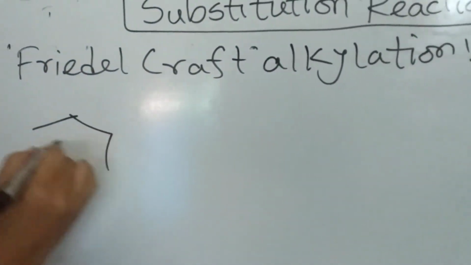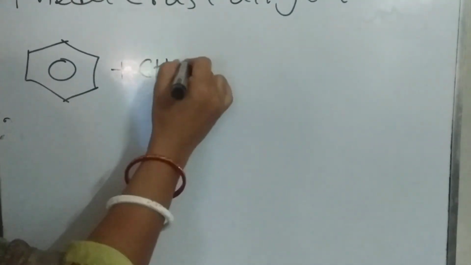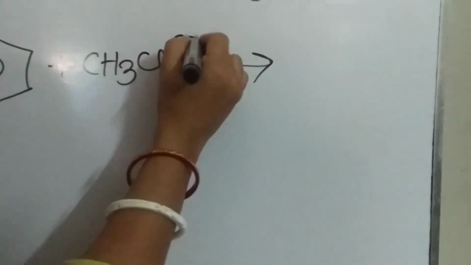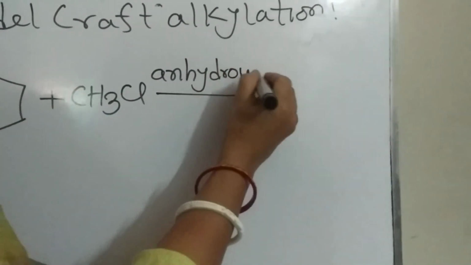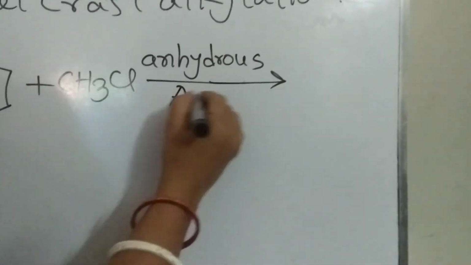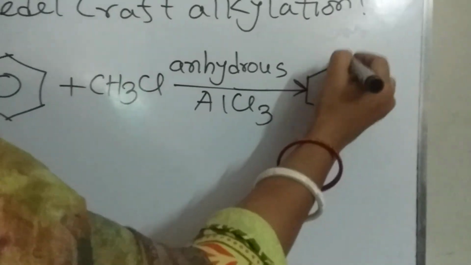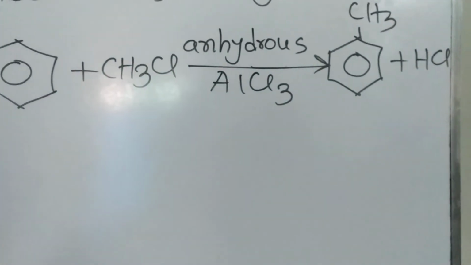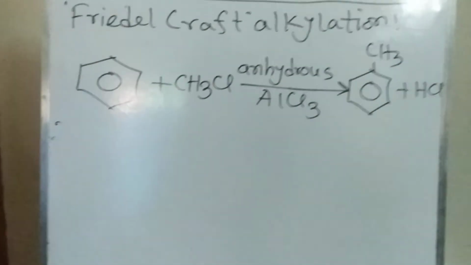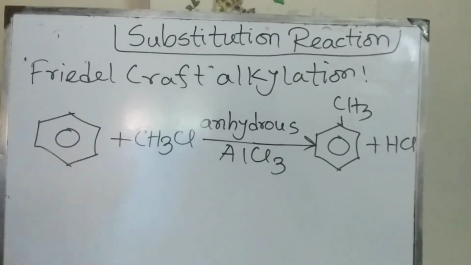When benzene reacts with methyl chloride in presence of anhydrous aluminum chloride, then it produces toluene and hydrochloric acid. What happened in this type of substitution reaction? This type of substitution reaction takes place in 3 steps.